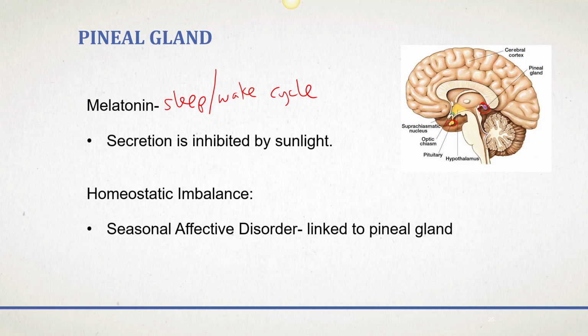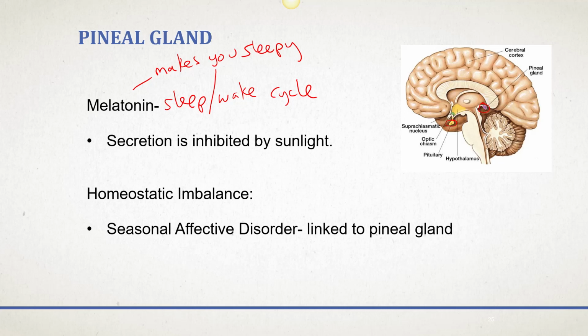So if you're up and awake in the sunlight, then it decreases the production of this melatonin. Melatonin makes you sleepy. And even though this is a hormone, it can be purchased as a vitamin supplement and it's sold over the counter at stores. So you can take melatonin to help you sleep at night.